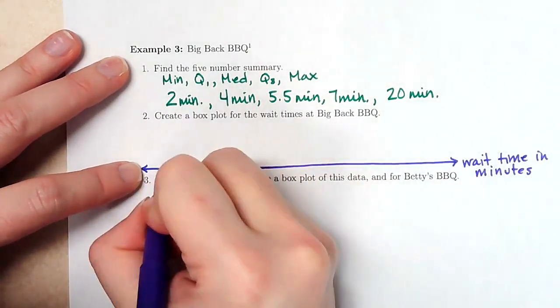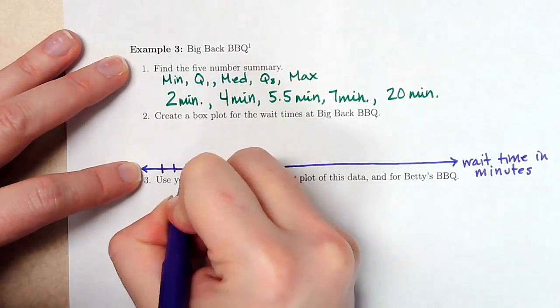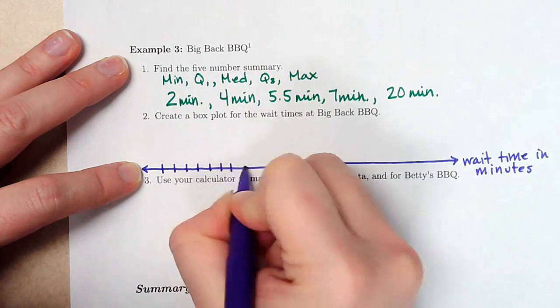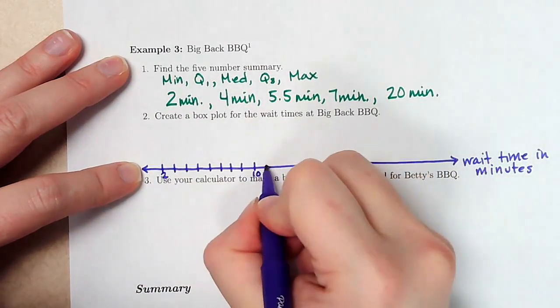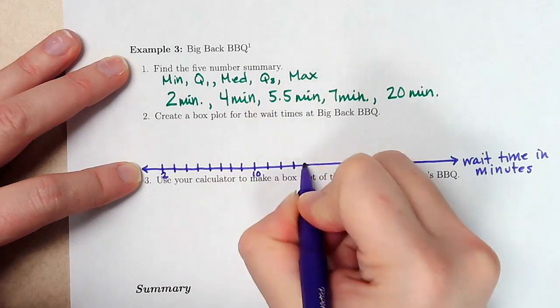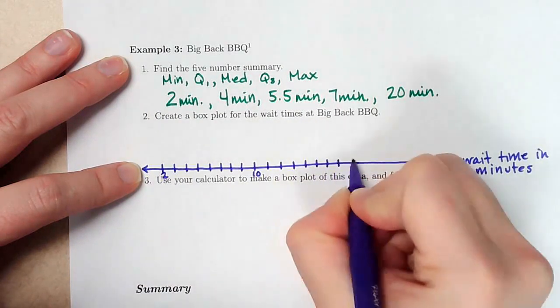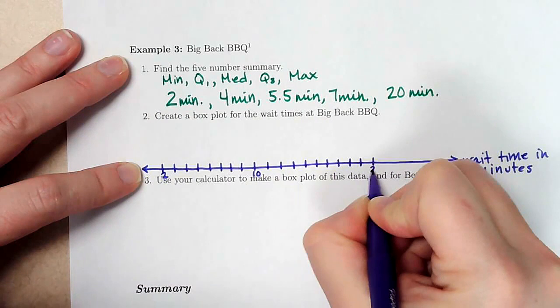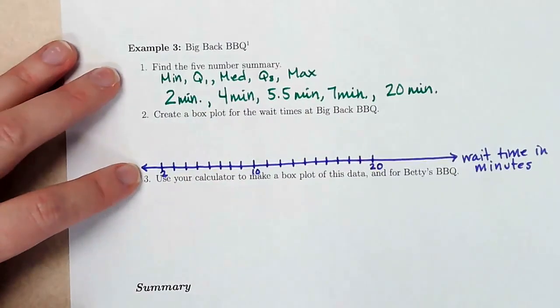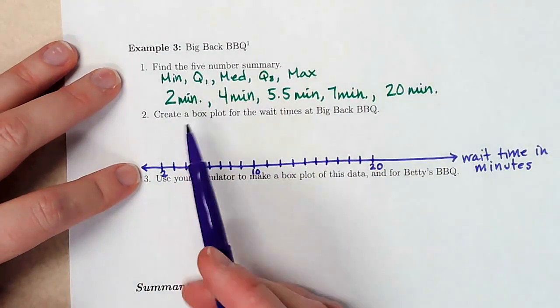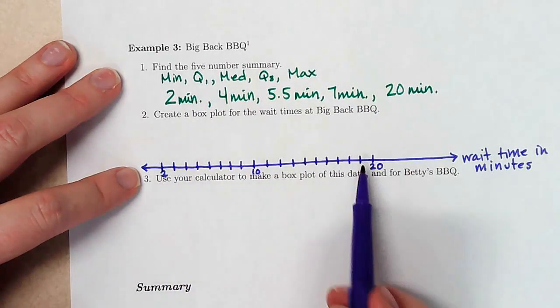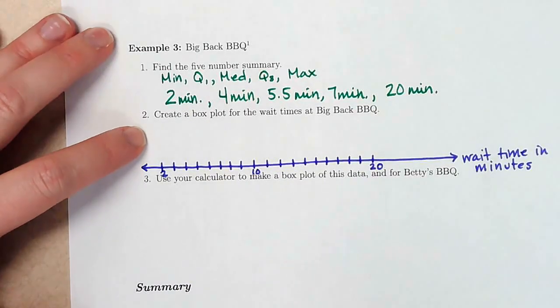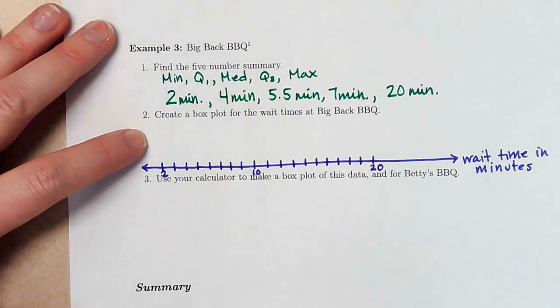And okay, 2, 3, 4, 5, 6, 7, 8, 9, 10. I better put at least a couple marks here. 10, 11, 12, 13, 14, 15, 16, 17, 18, 19, 20. Okay, so I went from 2 to 20 because that spanned my min to my max. And I made them equally spaced, just like I would for a ruler or an x-axis or any of the sort.